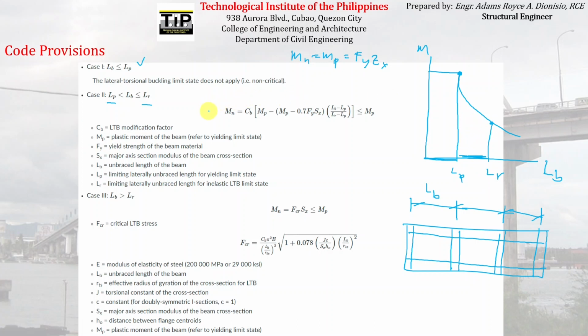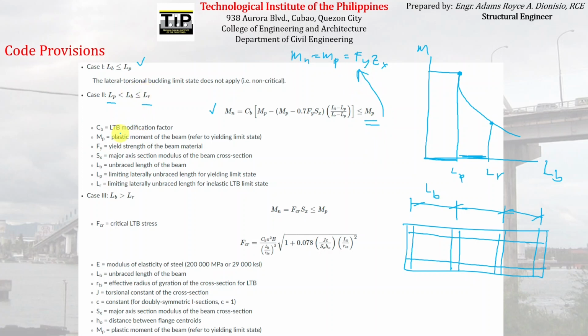This will be the formula if you want to compute the moment capacity of the steel beam. Mn is equal to Cb quantity Mp minus quantity Mp minus 0.7 Fy Sx quantity Lb minus Lp over Lr minus Lp, which must be less than or equal to the plastic moment capacity coming from yielding. Okay?